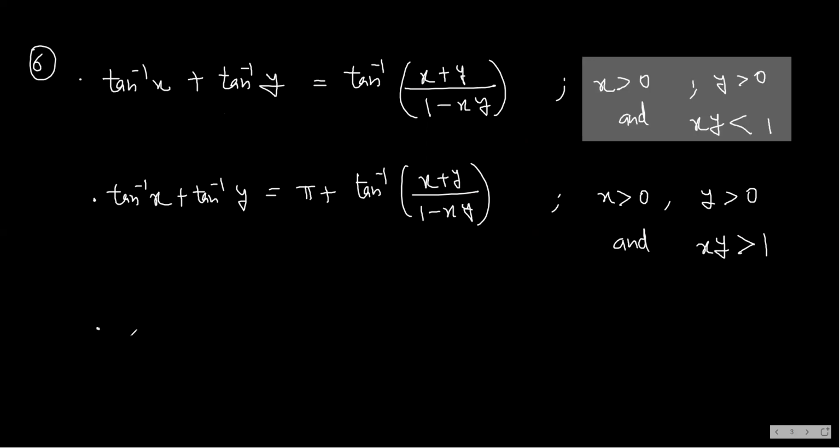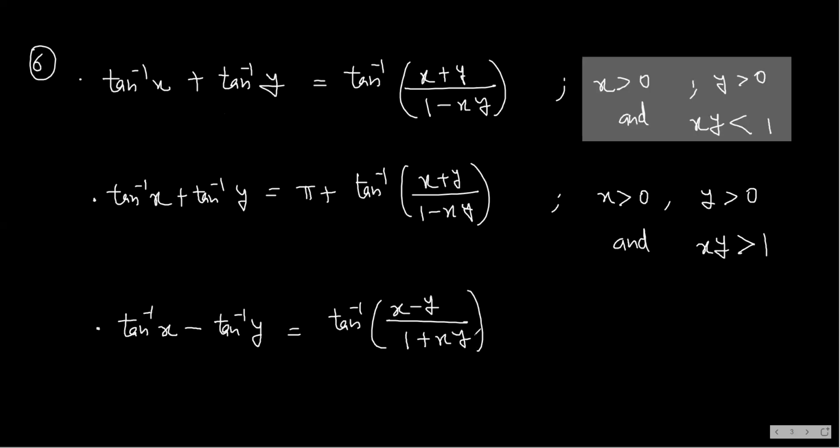And if you have tan inverse of x minus tan inverse y, this time you have negative in between, so you will write tan inverse of x minus y upon 1 plus xy.